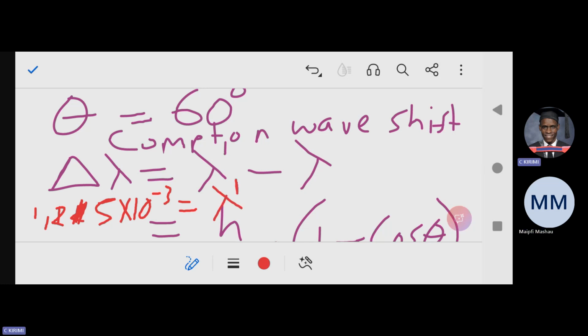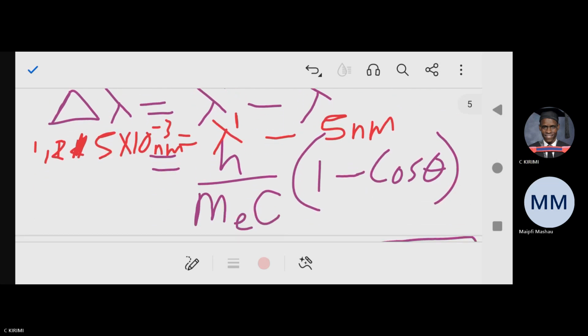These are nanometers. The initial lambda was 5 nanometers. So calculate for me the value of lambda prime, the final lambda, the target of the formula.